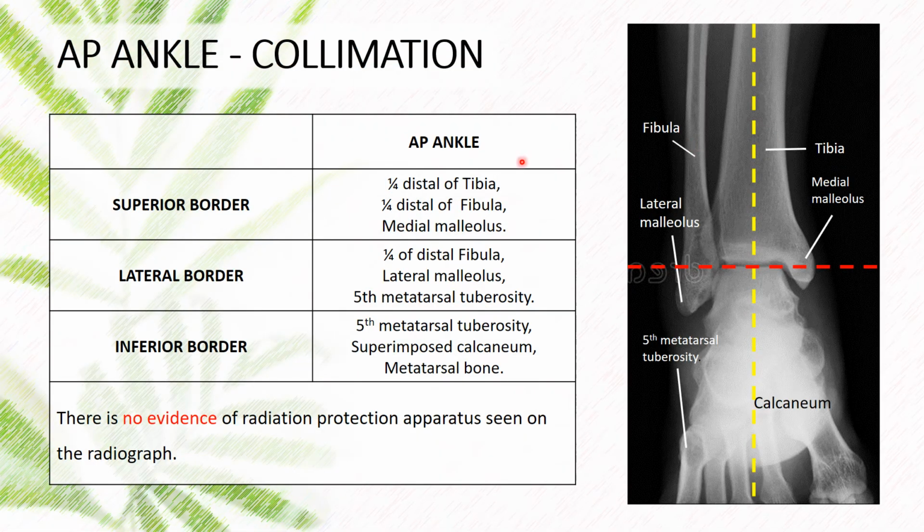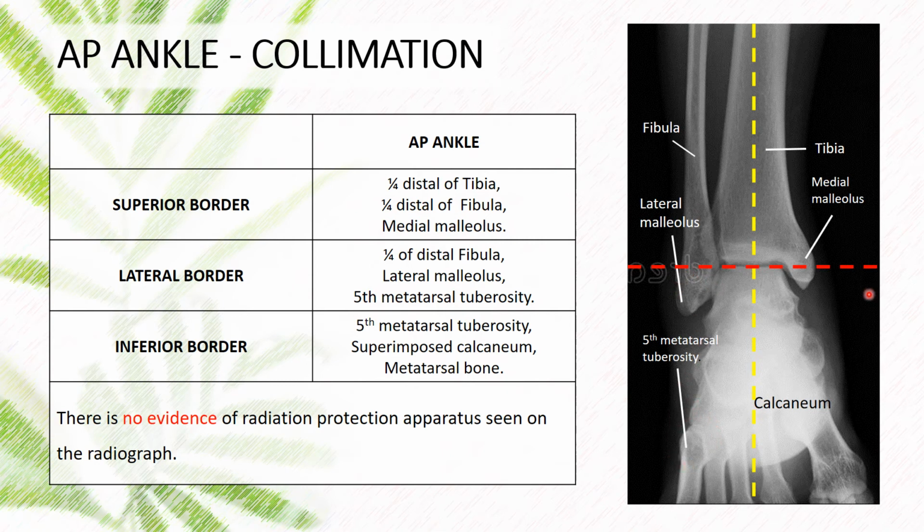Okay, for the collimation, at the superior border, the structures that should be included are 1/4 of the distal tibia and fibula, and the medial malleolus. For the lateral border, the structures that should be included are 1/4 of the distal tibia, 1/4 of the distal fibula, the lateral malleolus, and the fifth metatarsal tuberosity.